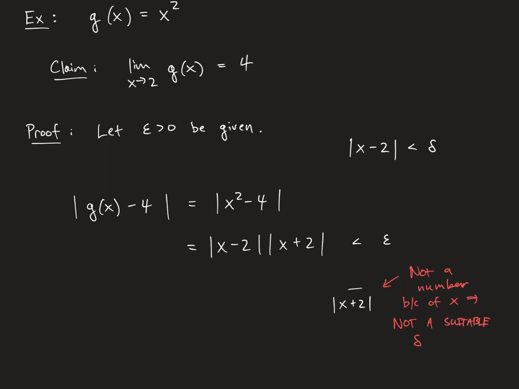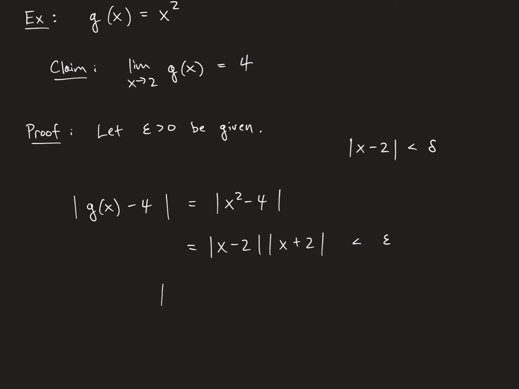All right, so we don't get off that easy in this case. This is not as straightforward as the last one. In the last one we did a little bit of algebra, and we just got a number times our relevant quantity, and we could just move that number to the other side and solve the inequality. But this time we don't have a number, we have this variable expression. So we have to replace this absolute value of x plus 2 with a number.